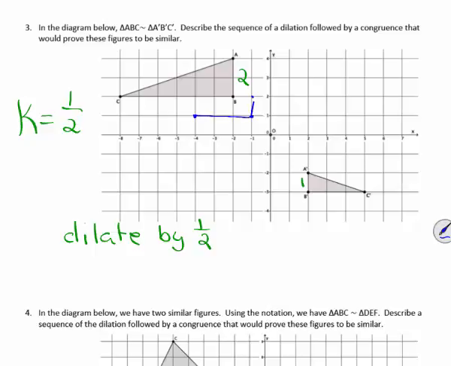So right now, it's here. Now I have to get it here. Well, how can I do that? I actually have to do 2 congruences: I have to slide it down and then reflect it. I don't know why it just didn't get reflected.